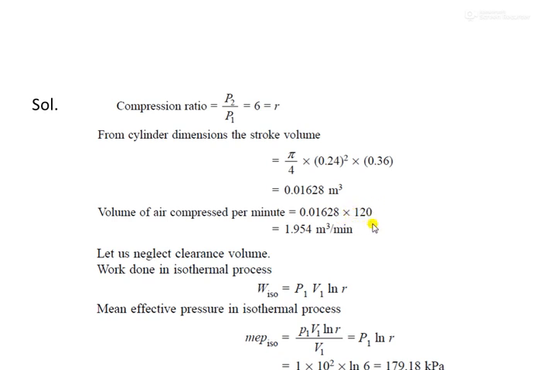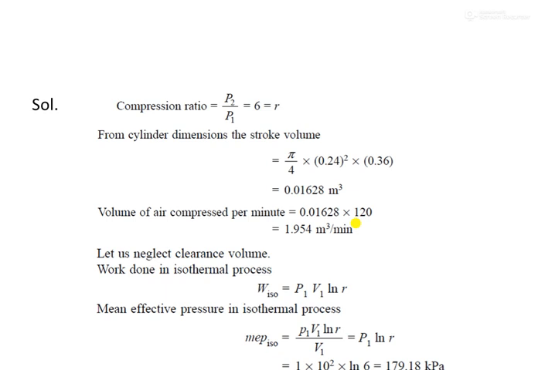Now in case of a single stage reciprocating compressor, the number of revolutions is equal to the number of strokes, right? But in case of double acting, we have seen that in one revolution, air is present on both the sides.